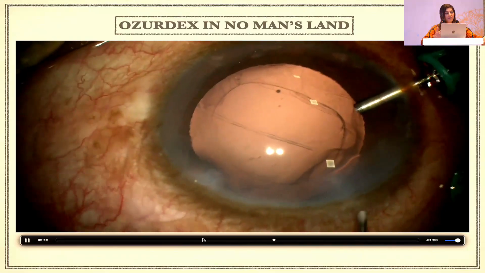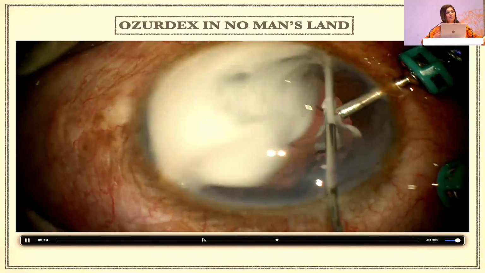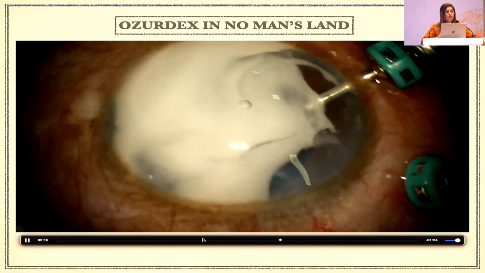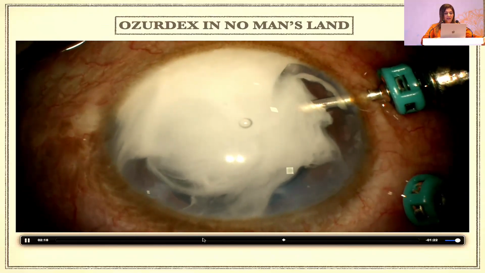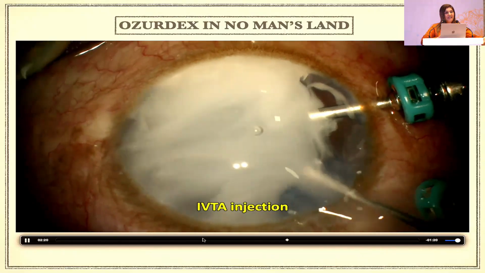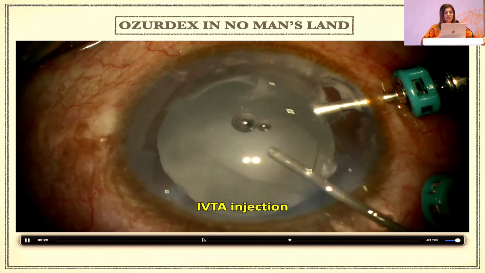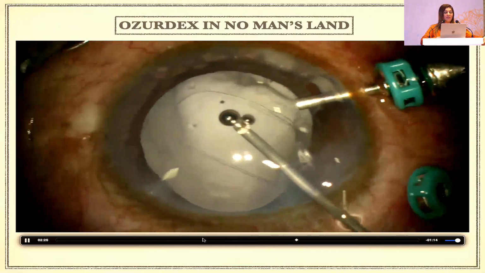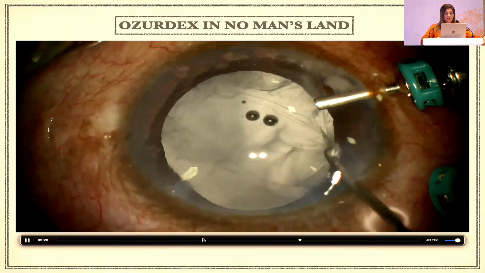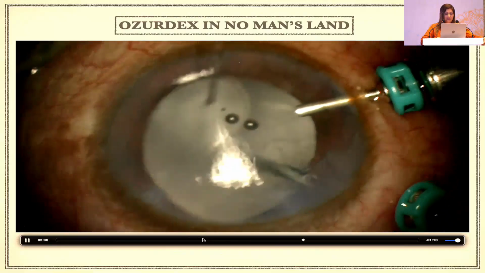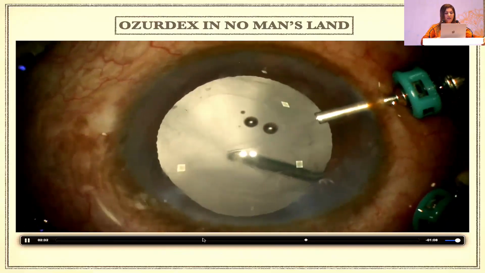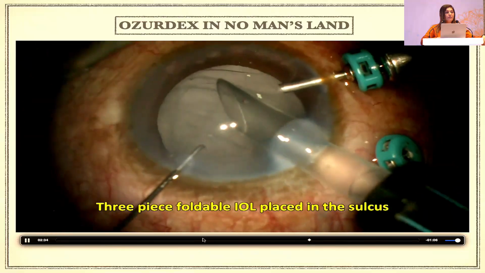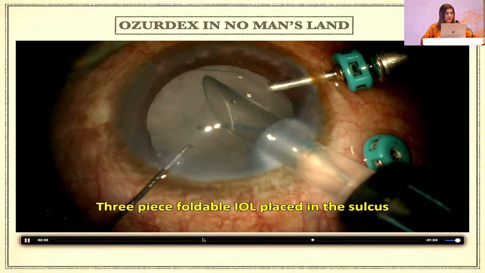But when you go from behind, you shave off everything which is bulging into the anterior chamber, use triamcinolone, and then you will see each and every small strand in the anterior chamber, and then you can clear up things in the anterior chamber. Having done this and cleared up everything, you are free to use your intraocular lens.